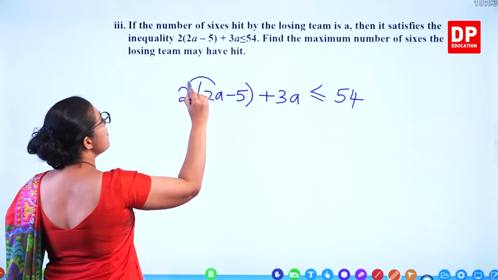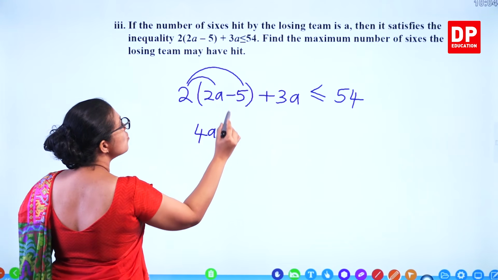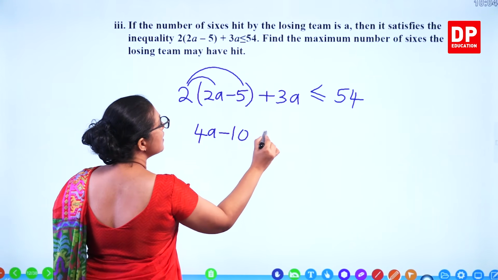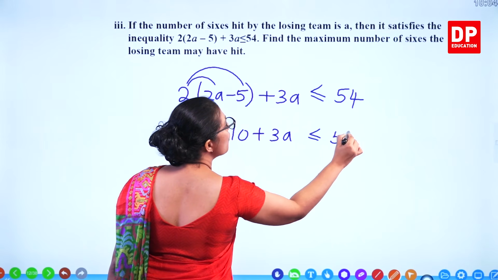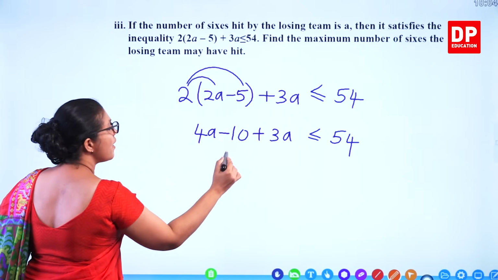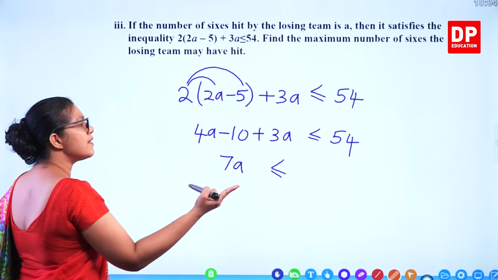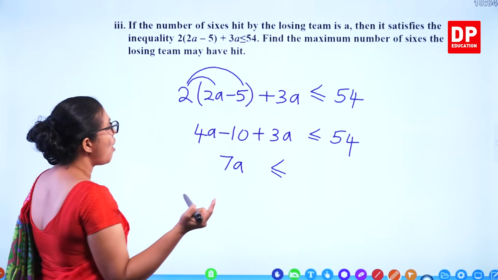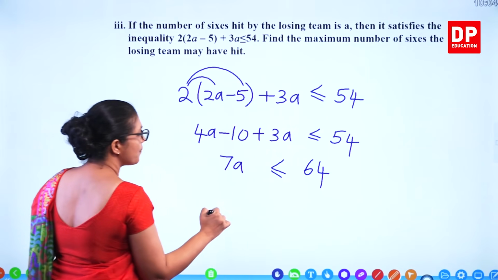You can expand the brackets. 2 times 2A is 4A, 2 times 5 is 10, plus 3A, less than or equal to 54. 3A and 4A becomes 7A, and when you take minus 10 to the other side, that's addition of 10. 54 plus 10 is 64.